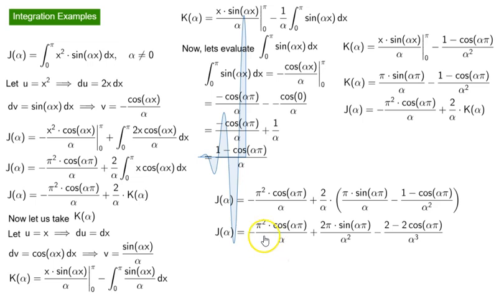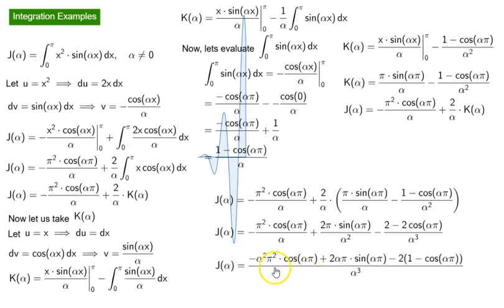Opening up the bracket, we get this expression: minus pi squared times cos alpha pi by alpha, plus 2 pi times sine alpha pi by alpha squared, minus 2 minus 2 cos alpha pi by alpha cubed. And combining them, we get minus alpha squared pi squared times cos alpha pi, plus 2 alpha pi times sine alpha pi, minus 2 times 1 minus cos alpha pi, divided by alpha cubed.